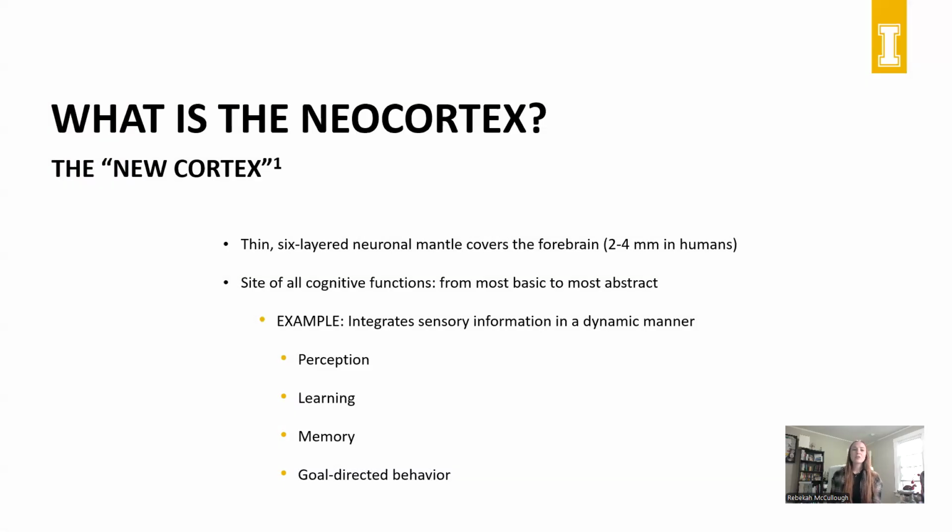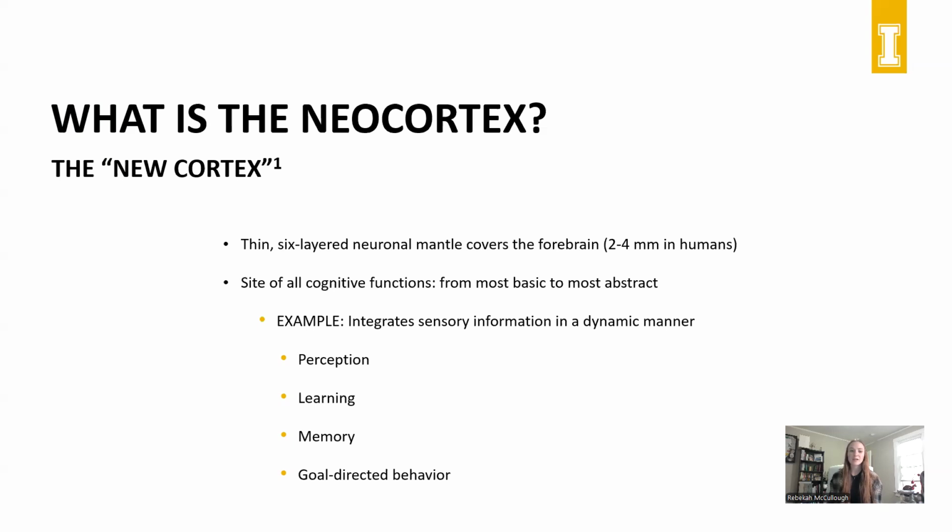So first, a quick description. The neocortex is literally the new cortex, and that's because it's the most recently evolved brain structure, and it's found only in mammals. It's a thin, six-layered neuronal mantle that covers the forebrain, and it's about 2 to 4 millimeters in humans. It's the site of all cognitive functions, from the most basic to the most abstract.